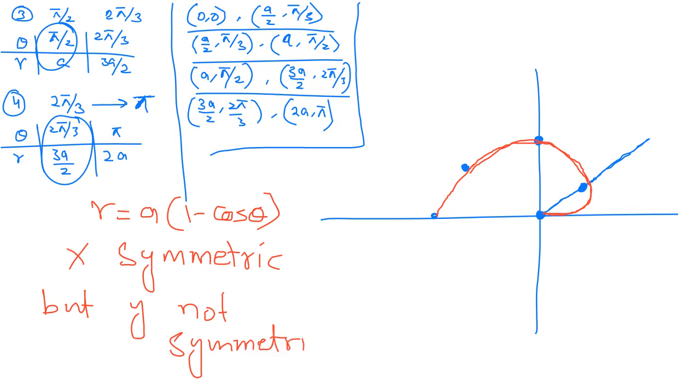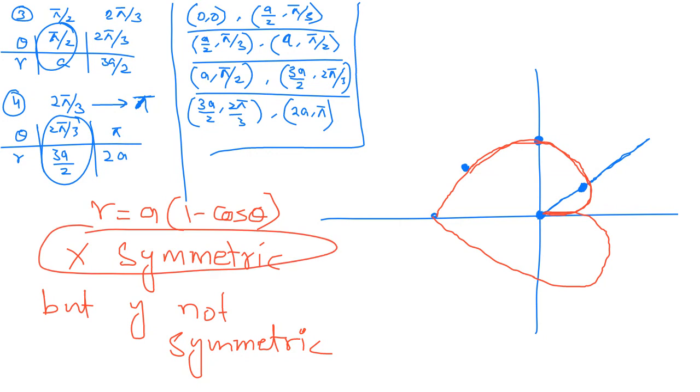And I told you that for x symmetric you have to draw exactly the same thing down. So this is exactly the same thing, and this is the graph. So this is x symmetric. Is this clear?